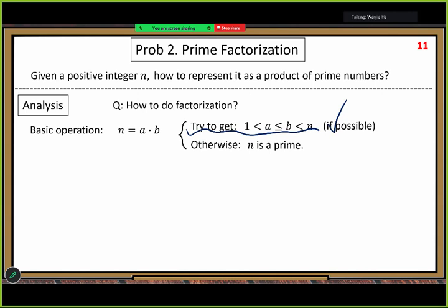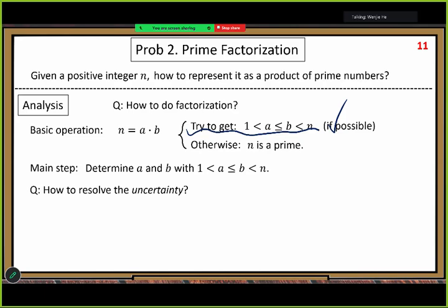If you couldn't find such A and B factors, you can conclude n is a prime. The main steps now: determine A and B with this inequality.